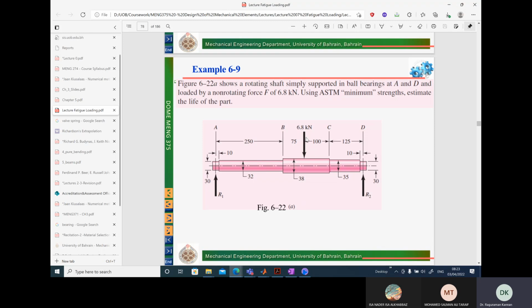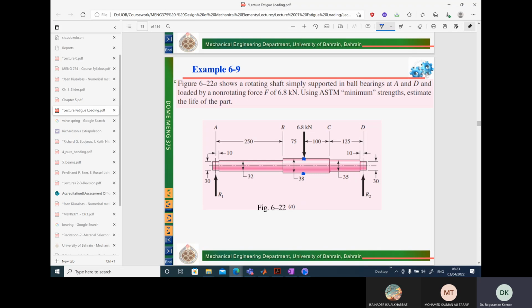So here, what is the load we have? We have the 6.8 kilonewton load. Remember that the shaft is rotating. When the shaft is rotating, but the load is static, what will happen? Any point you choose on the shaft, at one time, if it is under compression here, this point will rotate and go to the bottom at a different time.